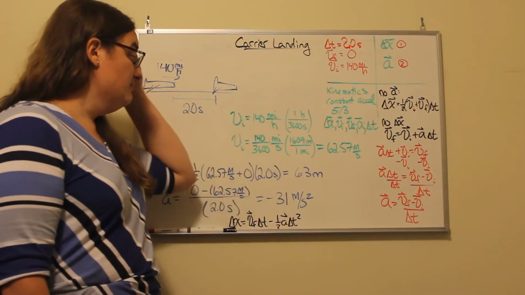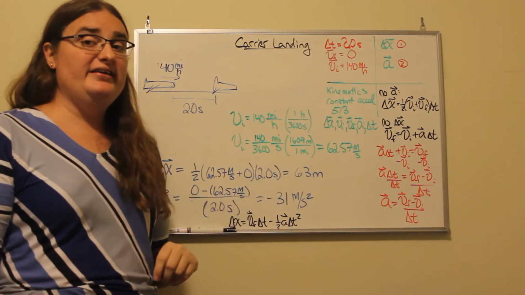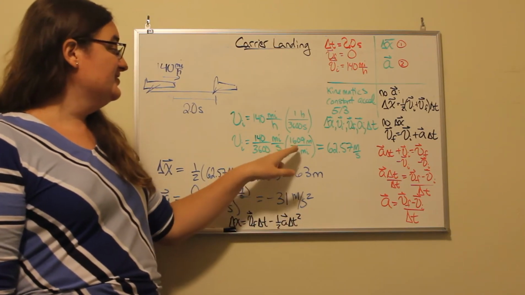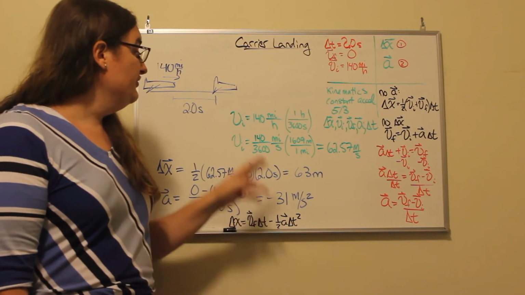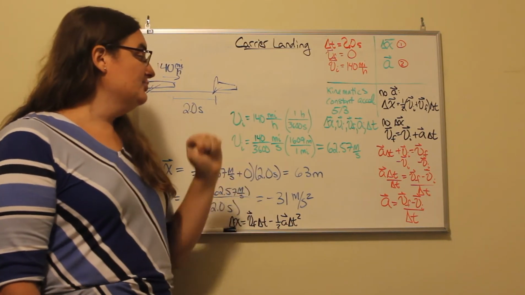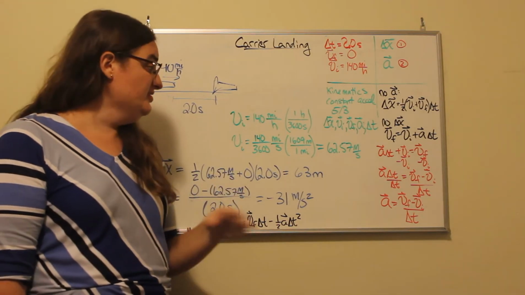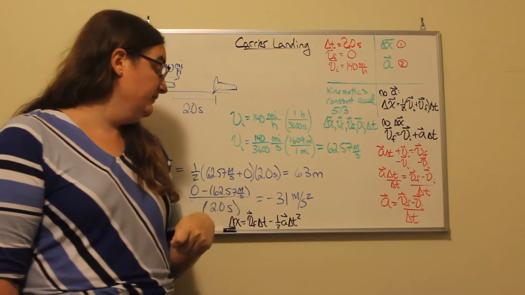And then to convert miles to meters, miles are getting divided in the denominator, meters go in the numerator, and there are 1,609 meters in every 1 mile. So if I take 140 times 1,609 and divide by 3,600, I get 62.57 meters per second.